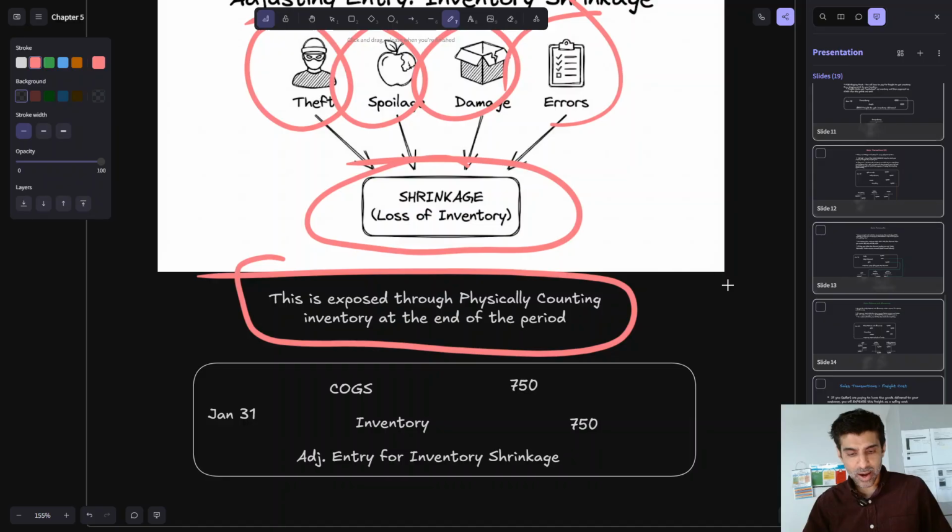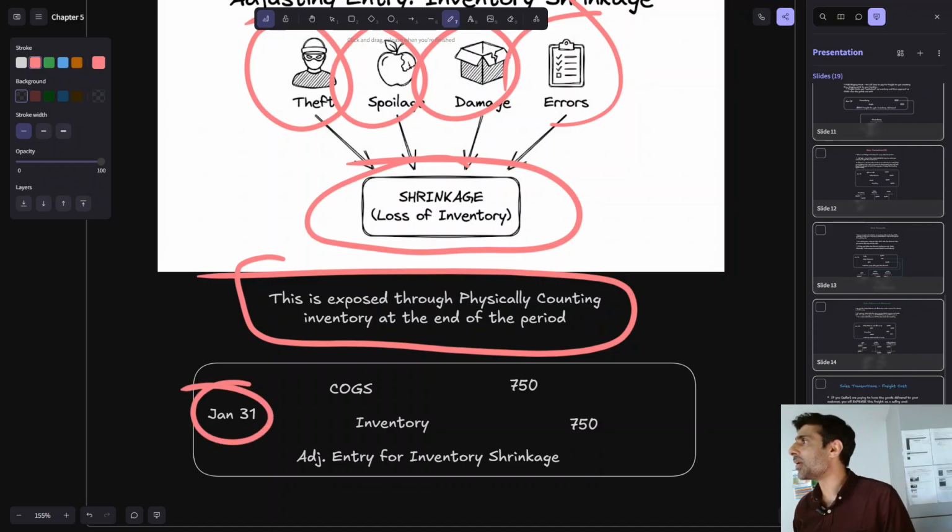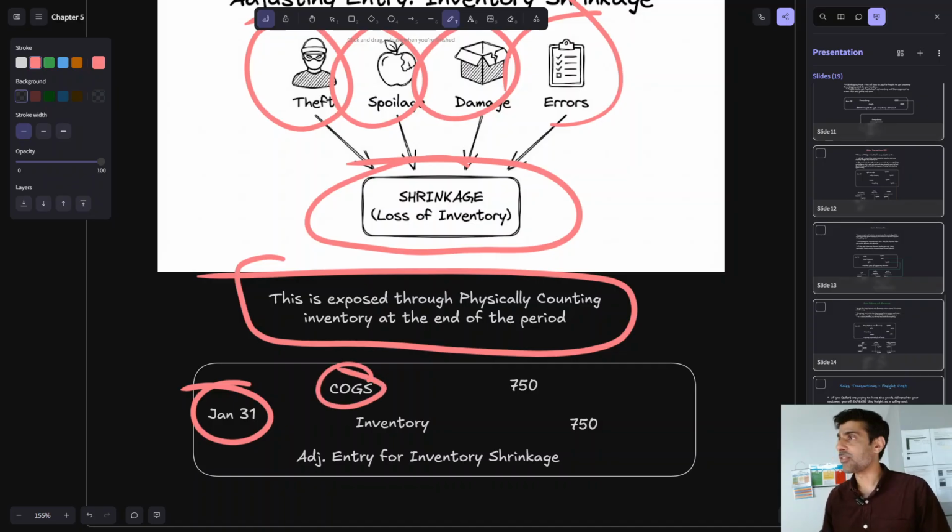Okay, so the form of the adjusting entry, you can see here, is happening at the end of the period. Your business will periodically go in and count the inventory and see if it lines up with your accounting books, and it's often not going to. The difference is reflected in an adjusting entry at the end of the period. You can see here that we're taking an expense, cost of goods sold, and we're reducing our inventory.